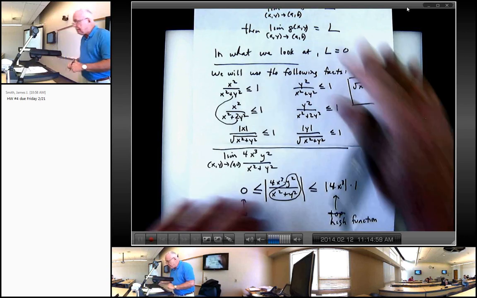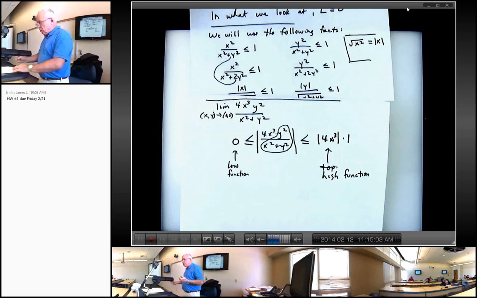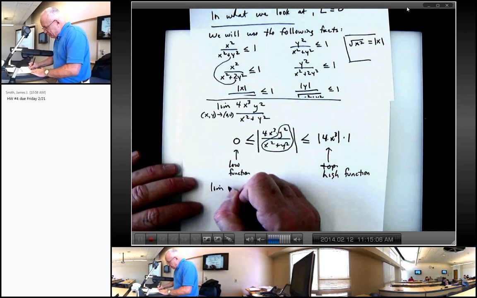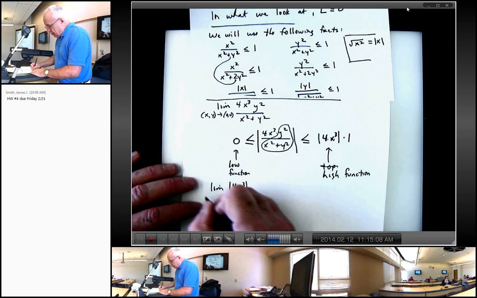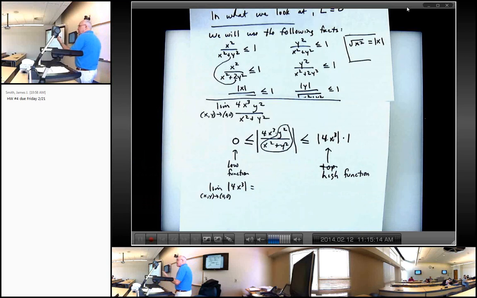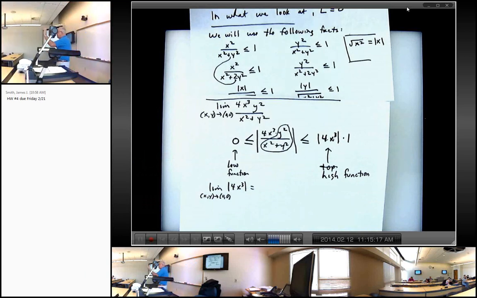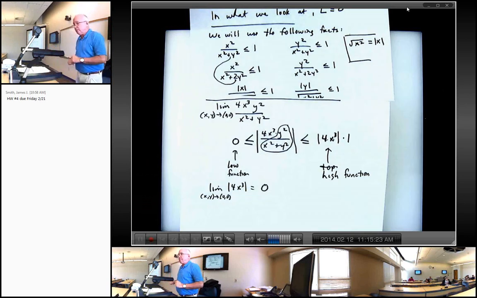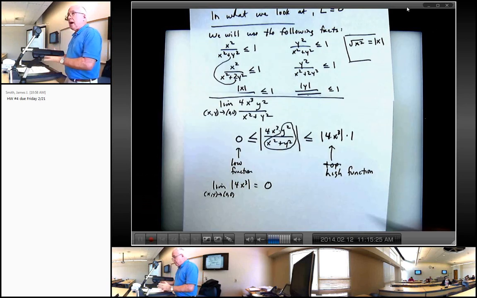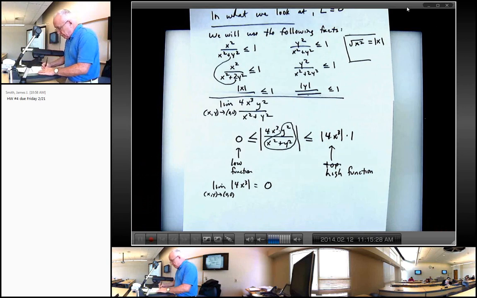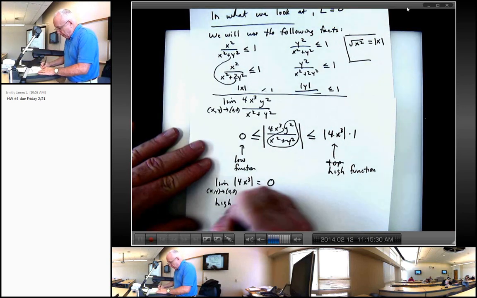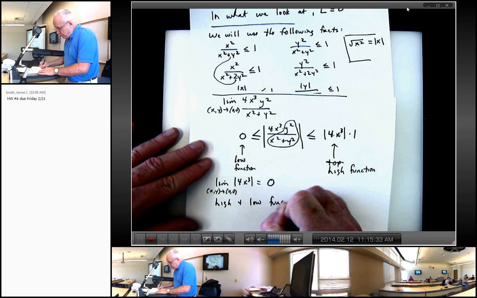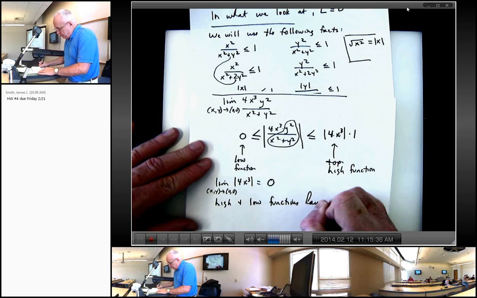It's the same deal then. xy is approaching 0, so the limit of the absolute value of 4x to the third, as both x and y go to 0, well, it just has x in it. It's a continuous function. I just replace the x with a 0, and I get my limit. So this is equal to 0. Therefore, the high and low functions have the same limit, equal to 0.